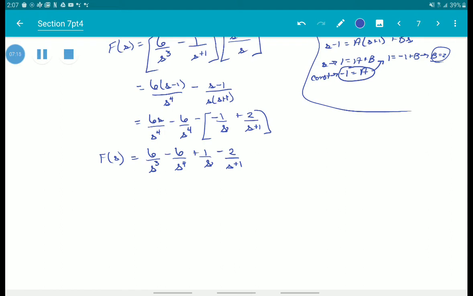So if we take the inverse Laplace of F, we're going to get f of t. So if we were to take the inverse Laplace here, let's write this out.